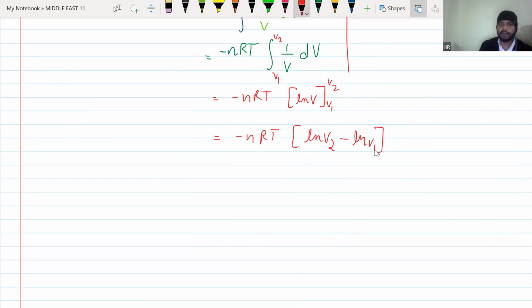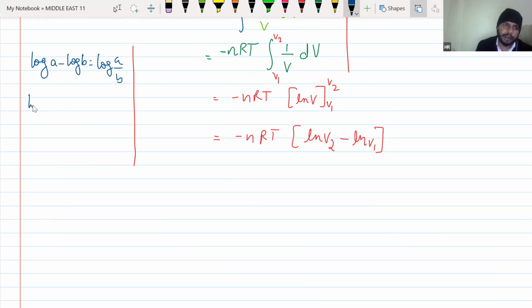And I already had some logarithmic formulas. Log a minus log b can be written as log a upon b. Is that okay? And log a plus log b can be written as log a into b.